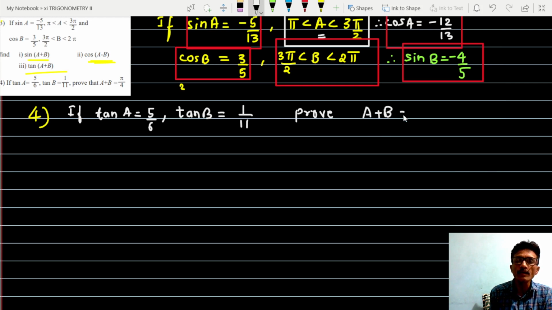That is, we have to prove A plus B is 45 degrees.